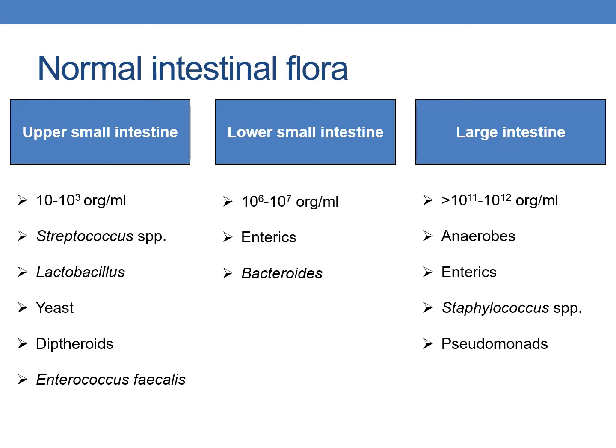In the lower small intestine, which is a little bit farther away from the stomach, we have more organisms: about 1 million to 10 million organisms per mL, usually enterics and Bacteroides, which is an anaerobe. And then the large intestine harbors the most organisms at about 100 billion organisms per mL, including anaerobes, enterics, staphylococcus, and pseudomonads.